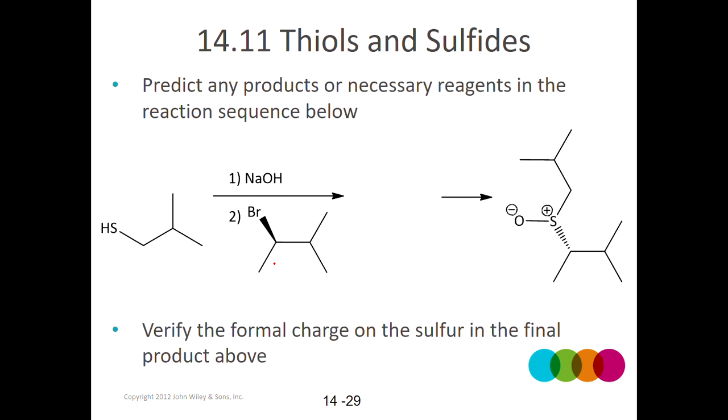All right, so let's look at a quick synthesis here. Let's say we want to make the sulfoxide. If we want to make the sulfoxide, we would probably assume that that's going to be formed from a sulfide.